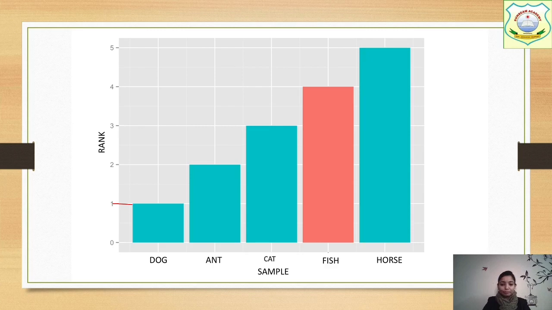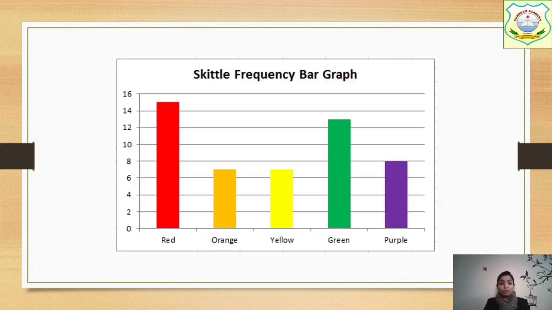So इस तरह से questions पूछे जाते हैं, right? Next. Now see here also, this is also a data representation with the help of a bar graph. यहाँ पे कलर्स दिए हैं, रेड, ऑरेंज, येलो, ग्रीन, पर्पल, इस टाइप के कलर्स हैं. ठीक है, you can see here different types of colors. Now here 0 2 4 6 8 10 12 14 16, और यहाँ पे क्या दिया है?